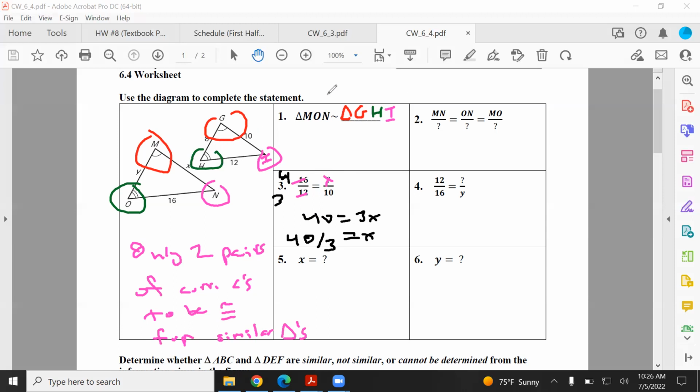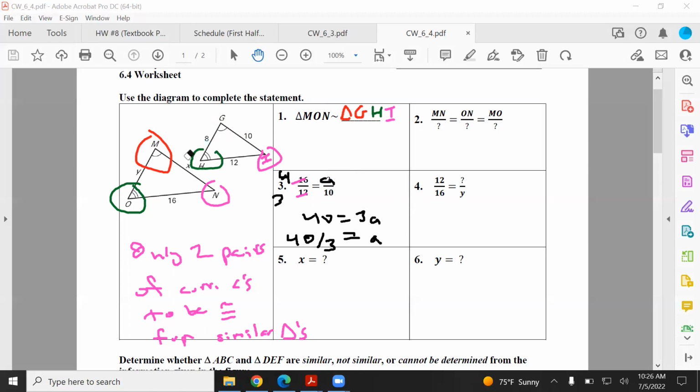Actually, I don't know why I called it X. That's a little confusing because there is an X in the problem. Let's call it A. So that ratio, if you were to solve that proportion, you get 40/3. You didn't have to reduce to 16/12, you still would have got 40/3 anyway, which is 13 point something. I think 13.3 repeating.